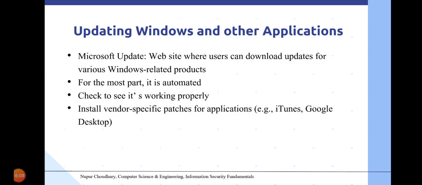Otherwise, if we feel that it is automatically downloaded and installed and running properly in the system, it might not be the case. It might not get automatically downloaded, or it might not be installed without manual intervention. So we need to understand that it is working properly. We need to check it, and we need to verify if they are actually being installed and working fine.